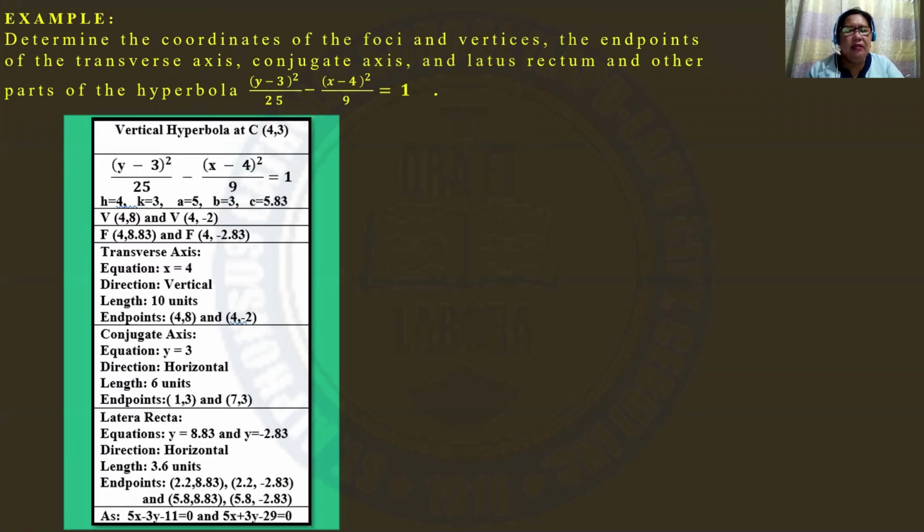And this is now the table of values, wherein h is equal to 4, k is equal to 3, a is equal to 5, b is equal to 3, and c is equal to 5.83. So the vertices, we have the coordinates (4, 8) and (4, -2). Foci (4, 8.83) and (4, -2.83), and so on.